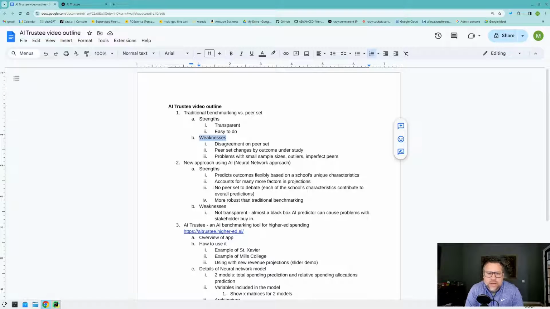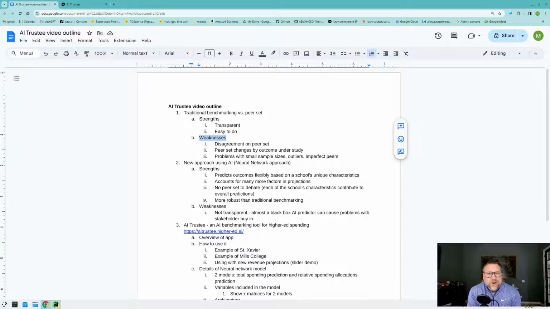The peer set might change. That compounds the issue of having a peer set that people just don't want to agree on, right? It's really hard to get buy-in, especially in a university setting where buy-in is so crucial to get things done. And of course, the small sample issues, imperfect peers, and outliers are always going to plague a traditional benchmarking approach.